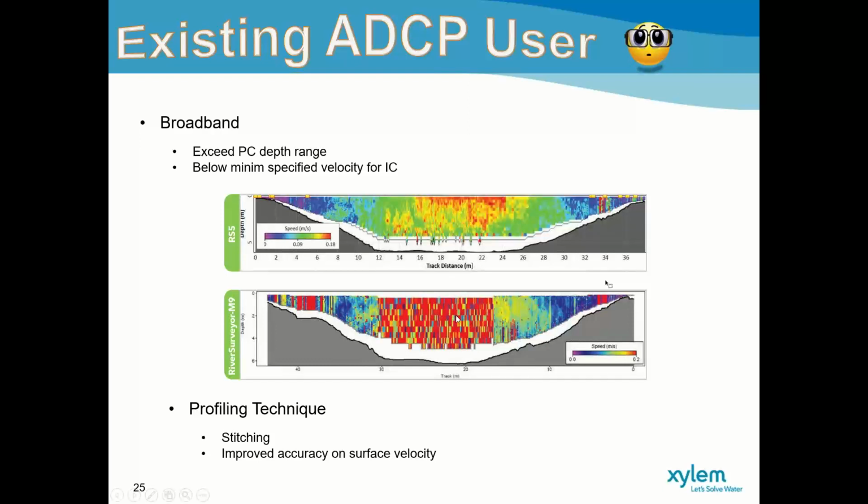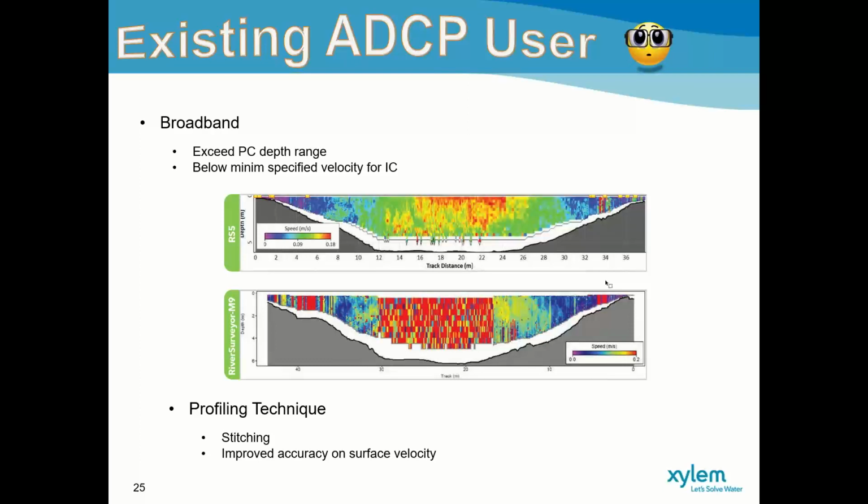In this case, the velocity was below the incoherent minimum specified velocity, where broadband and pulse coherent combined improved the measurement results significantly. So that is one advantage of the SonTek broadband solution.